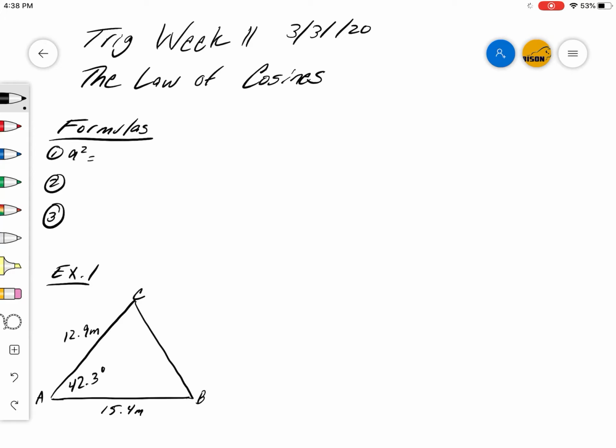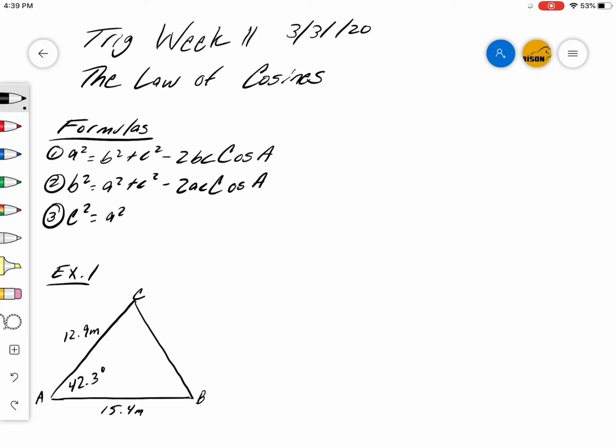So the first one is a squared is b squared plus c squared minus 2bc times the cosine of A. The second one, b squared, is a squared plus c squared minus 2ac times the cosine of B. And the third one is c squared is a squared plus b squared minus 2ab times the cosine of C.